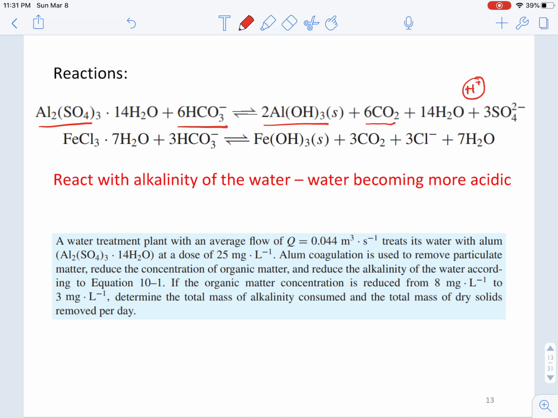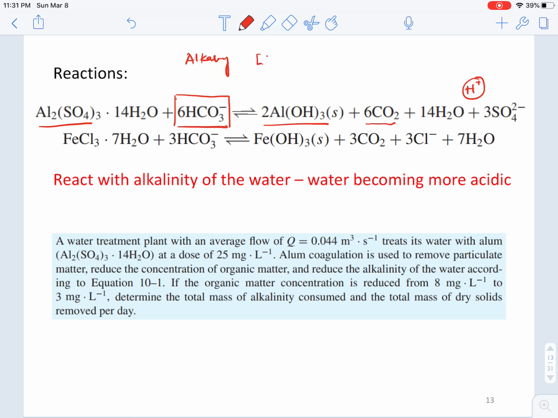This is because the coagulation reaction basically consumes the bicarbonate, right? And as we introduced earlier, bicarbonate should be counted as the alkalinity, right?